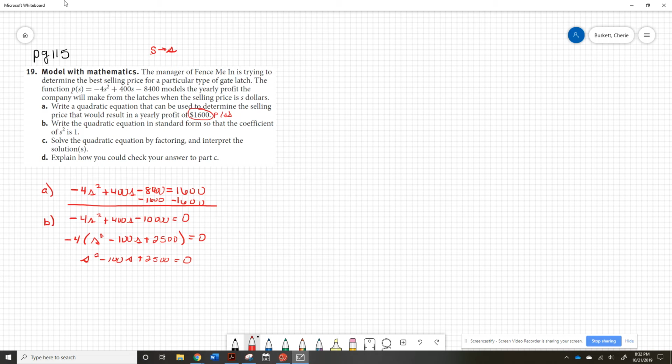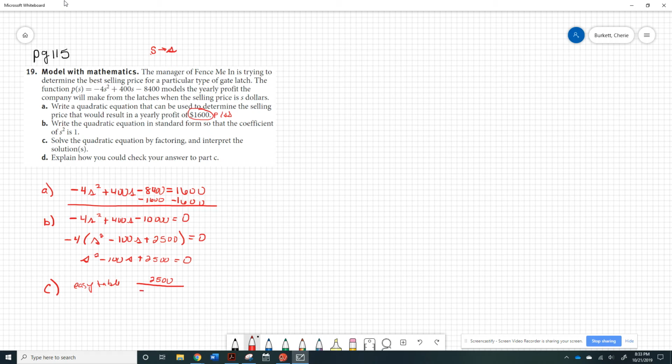And then part C, solve the quadratic equation by factoring. Okay, again, now that we've got it like this, this is an easy table. I'm not going to do it for you, but you can set the table up. It's 2,500, and you're going to need 2 negative numbers.